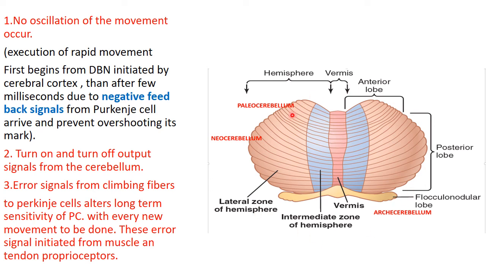Now after knowing the 3 main divisions of the cerebellum, we must know that this part is connected to the spinal cord mainly by the spinocerebellar tract. This part is connected to the vestibular system, which is concerned with equilibrium and tone.